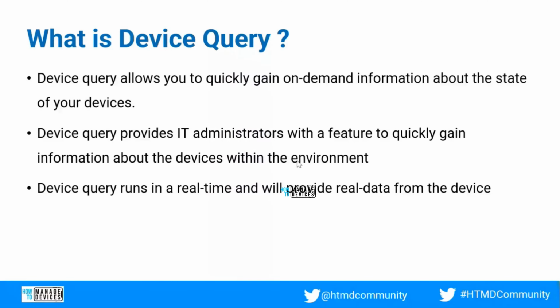That's what happens with SCCM reporting as well. I believe most of you work with SCCM, so most of the time you won't get a live report. One good benefit of device query is that you always get a live report from any device enrolled into Intune.